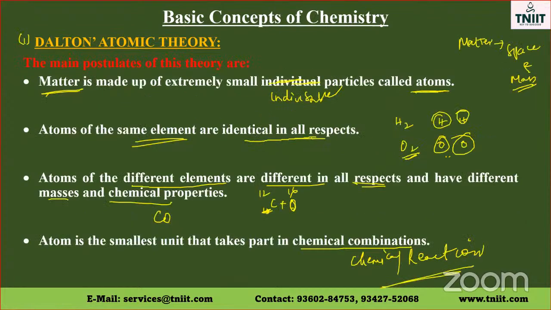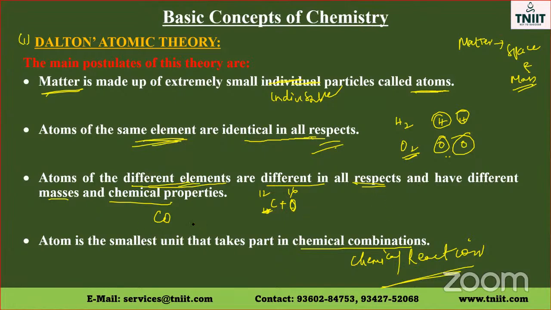One more time, we will just go through the postulates of Dalton's theory. The first one is matter is made up of extremely small, indivisible particles called atoms. The second point, atoms of the same elements are identical and are the same in all respects, size, shape, all that. Physical and chemical properties will be the same for the same elements. Atoms of different elements are different in all respects.